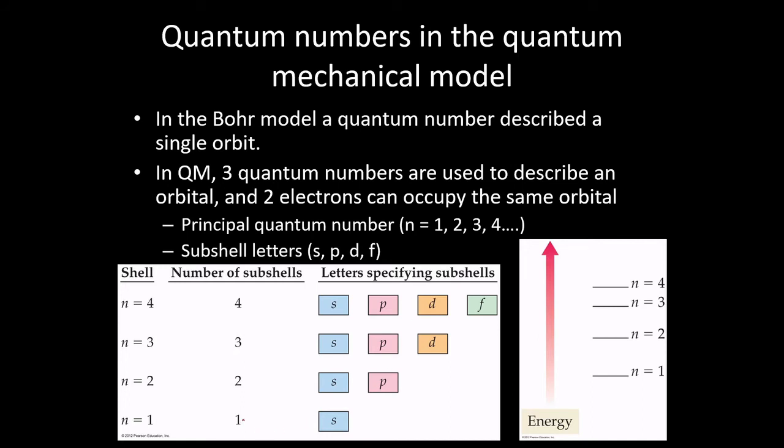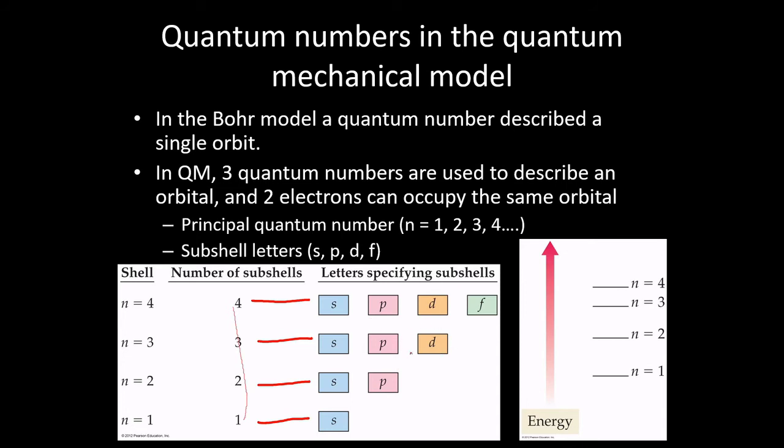So as we go to larger principal quantum numbers, more and more of these subshells become available to us. So each of these rows here is a shell. So we have the first shell, second shell, third shell, and fourth shell, and these are getting progressively farther away from the nucleus of the atom. And so as they're getting farther away from the nucleus, there's more space for them, and so you can fit more of these subshells into each of the shells.